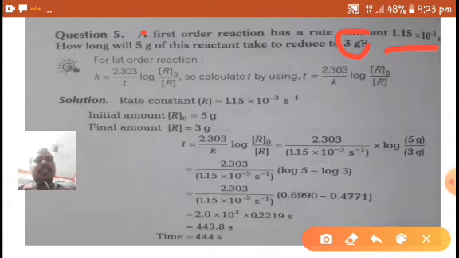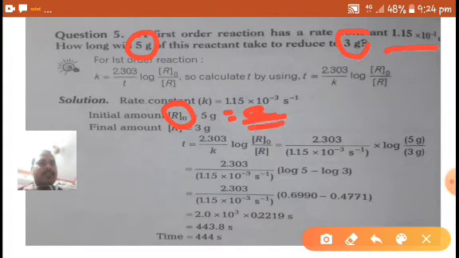So the initial concentration here is a, here represented as R naught, so we discussed it as a, and the final concentration, a minus x, is here 3 grams, okay, right.